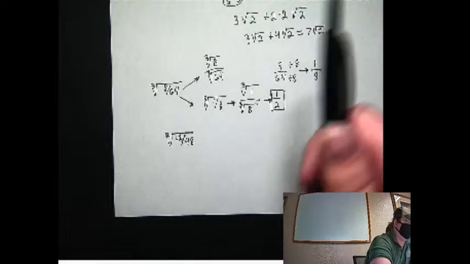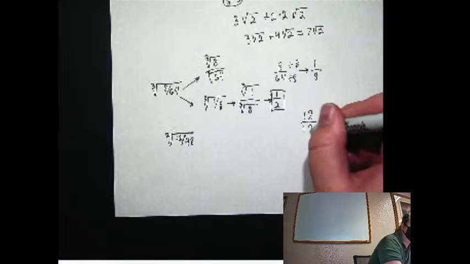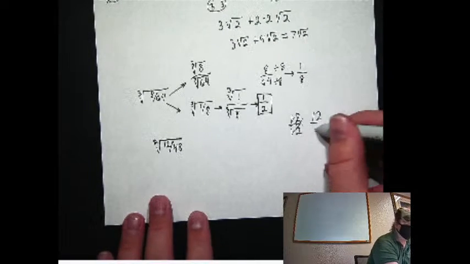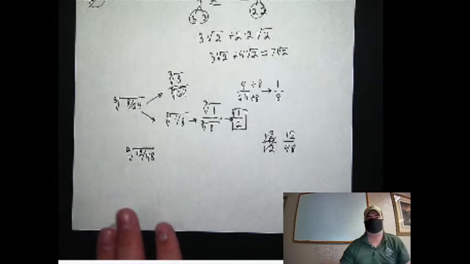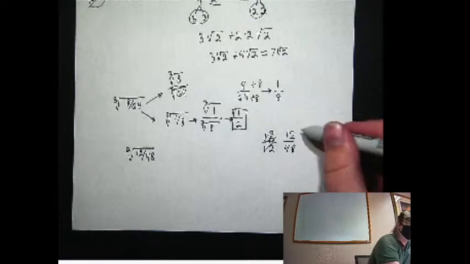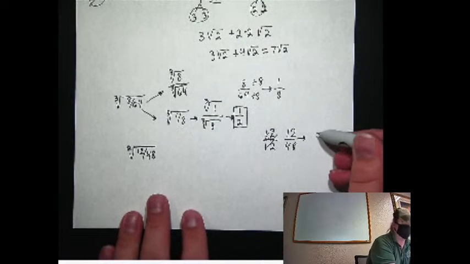So 12 over 48, that fraction there, can it be reduced by anything? Okay, both of them can be reduced by 12. If we take 12 out of both of these, what do we have left on top? 1.